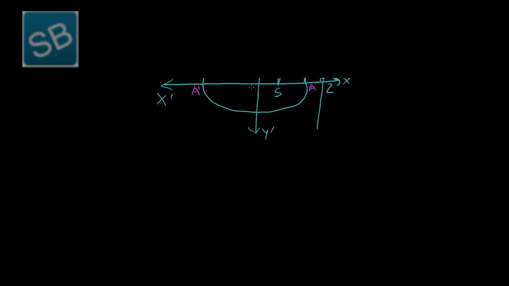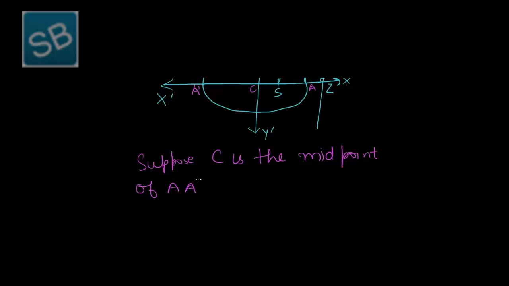Now if we see, C is the midpoint of AA dash, and let C be the origin.